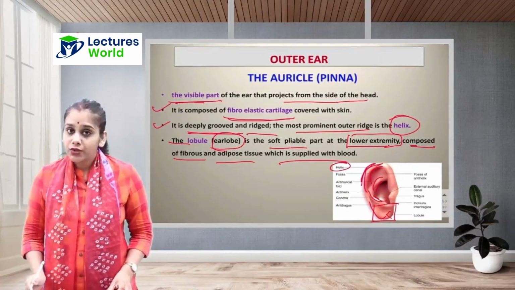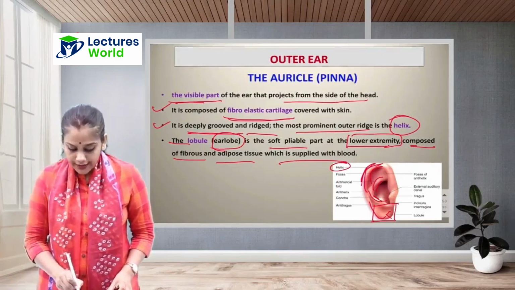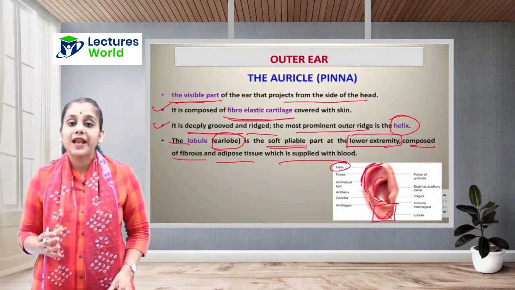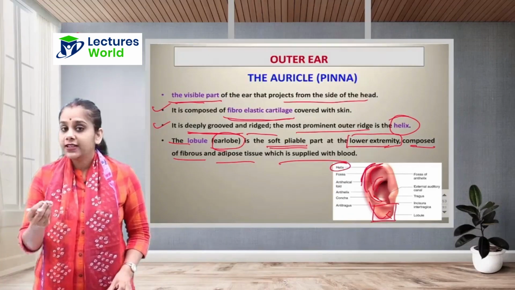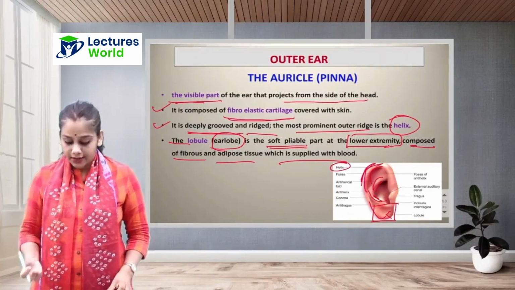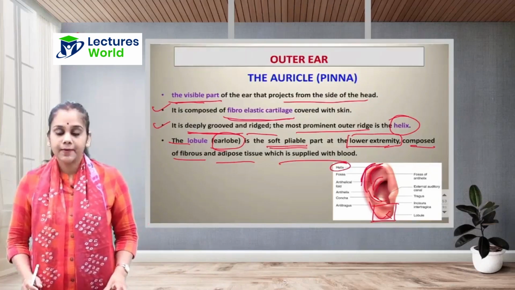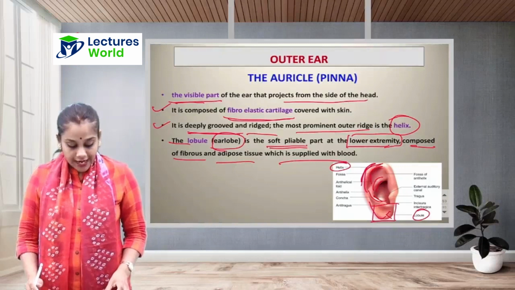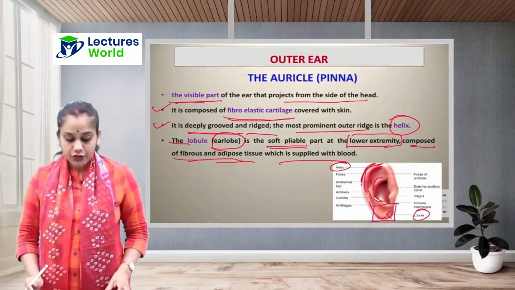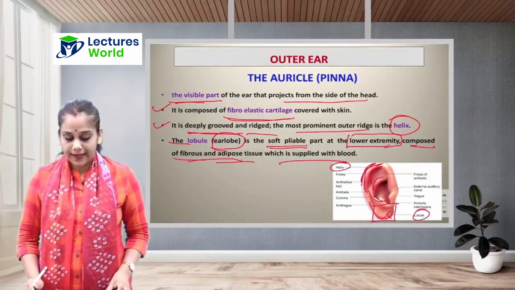It is also known as the ear lobe. It is a soft, pliable part at the lower end of the ear, containing fibrous and adipose tissue with a blood supply.